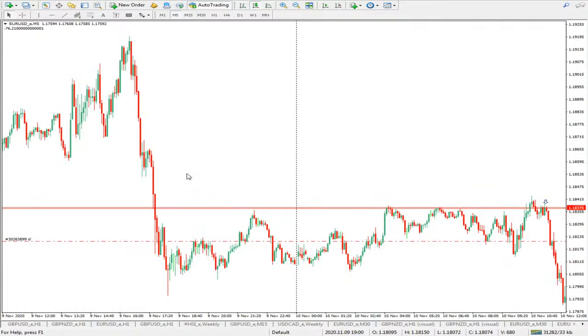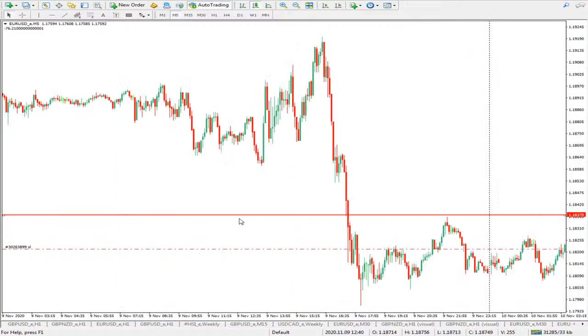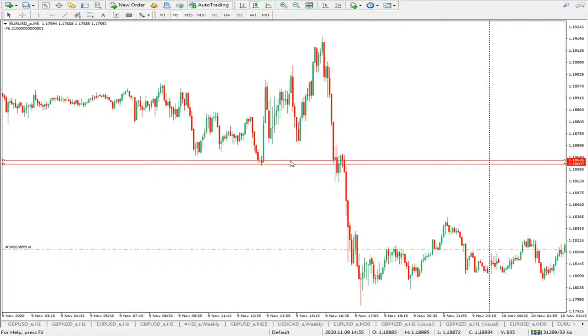The next chart, let's see, we have another one here. This is a genuine breakout. It's like the price successfully went below this level and then has remained below it.